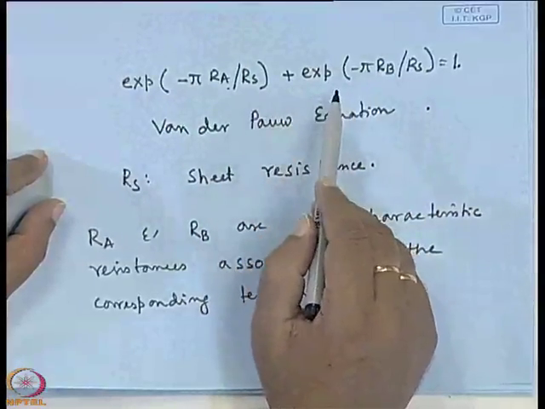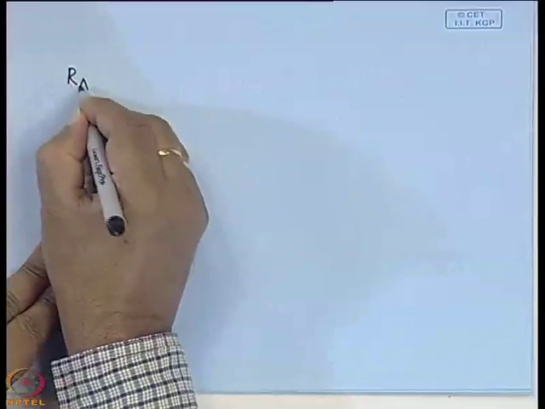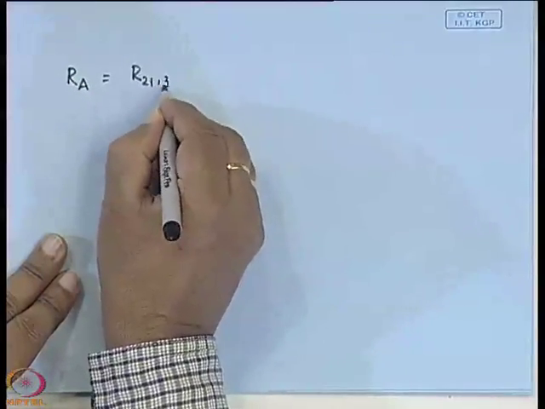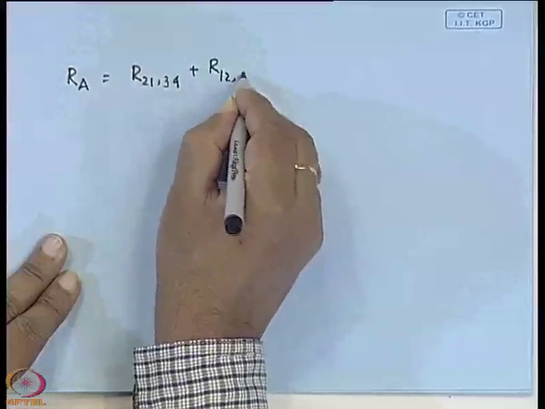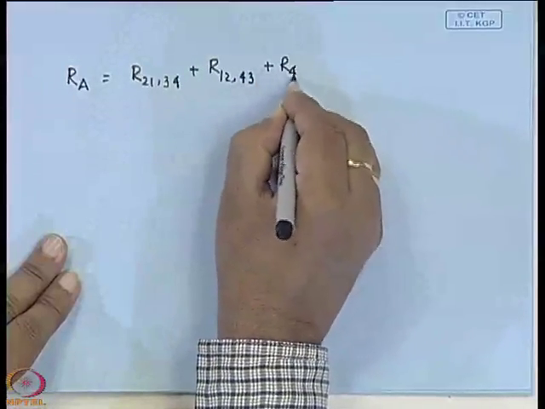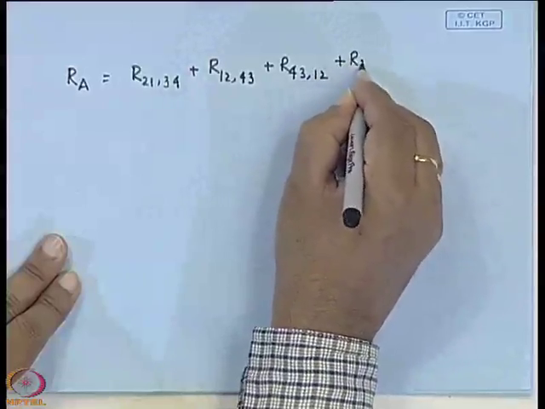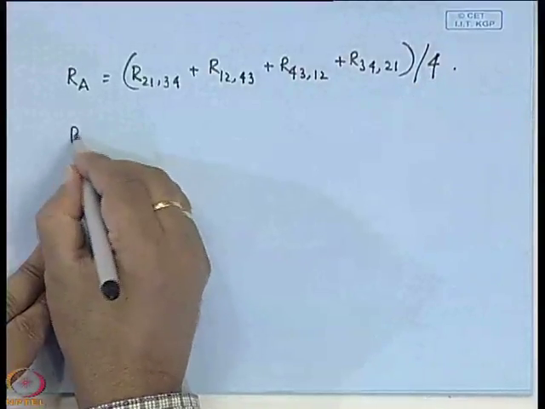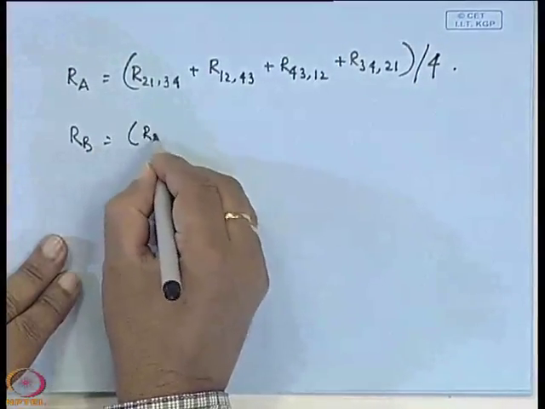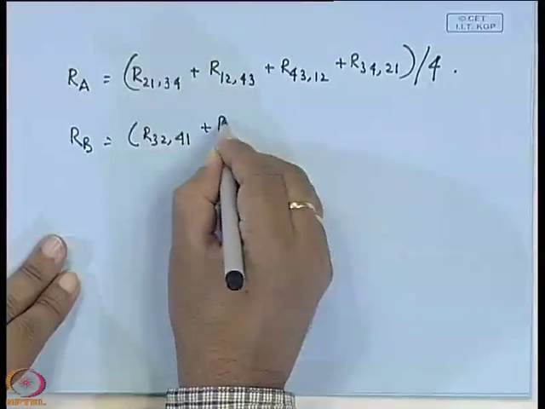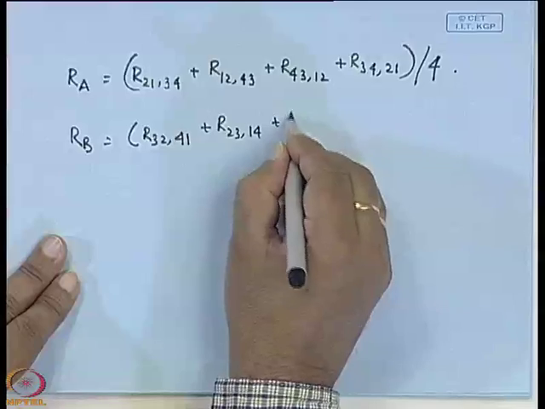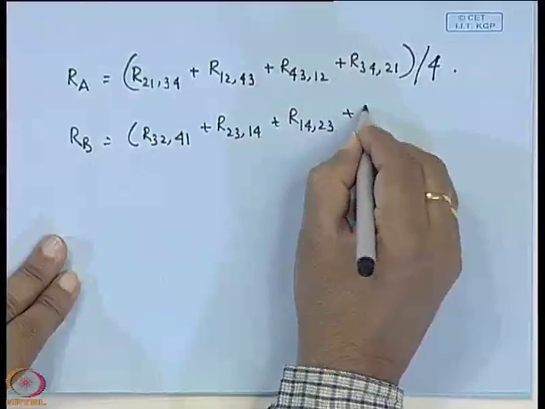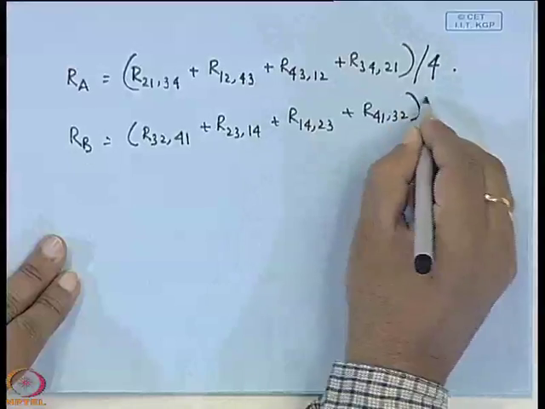To determine RA and RB, we have calculated 8 resistances and checked their consistency as well. Now, RA equals R2134 plus R1243 plus R4312 plus R3421 by 4, and RB equals R3241 plus R2314 plus R1423 plus R4132 by 4.